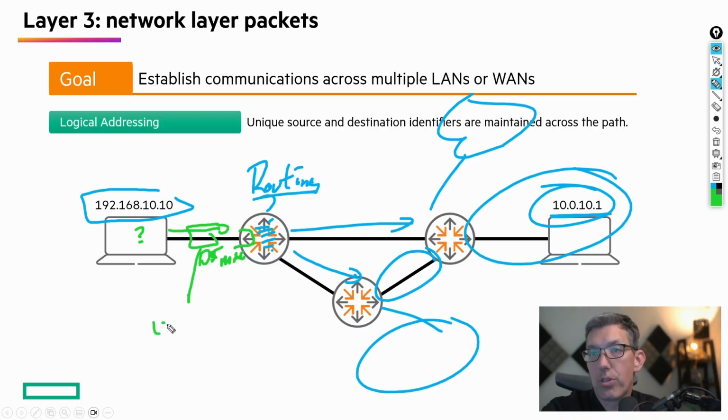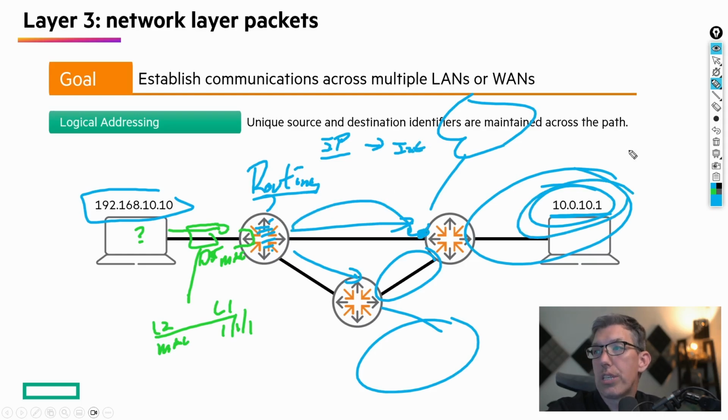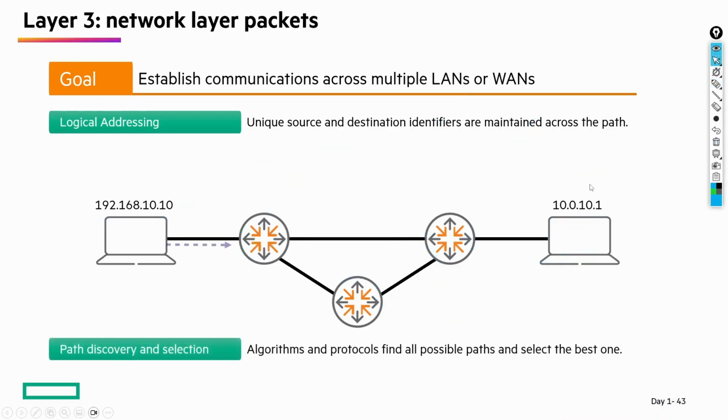You can see your layer 2 MAC address in a column with your layer 1 ports that it learned that MAC address. The router does the same thing. It learns IP addresses or networks that it knows about, and then which interface it is going to use, or what next hop address it is going to forward it to that it's connected to in order to reach this foreign destination. So that gets a little bit in depth here, but that's basically the function of packets.